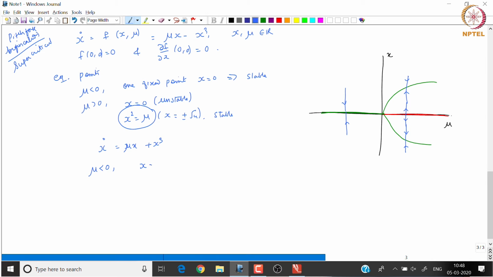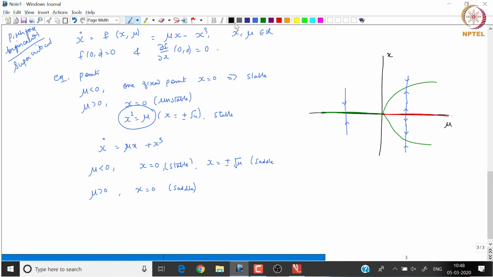One was x equal to 0, which was stable, and then you had x is plus minus square root of mu, which were both saddle or unstable. For mu greater than 0, we had only one equilibrium point, x equal to 0, and this was saddle, or in other words, unstable.